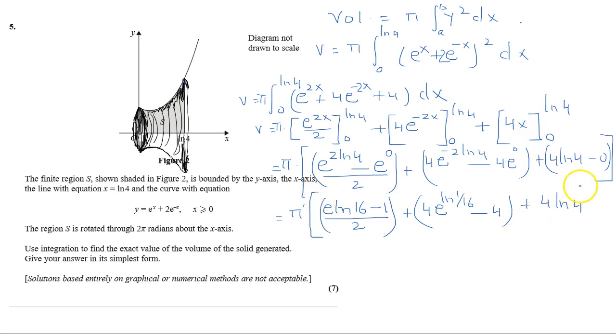And this is all multiplied by pi. So that is equal to pi.